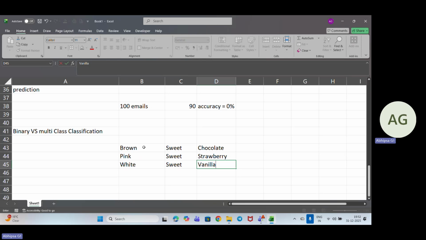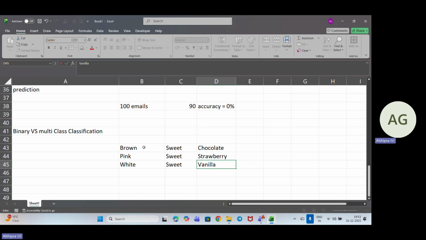There are many options, right? So more than two animal types, and that comes under multi-class classification. Now about student grades. The model checks the grade of the student. There are many options like A plus, B plus, C plus, D plus, and F, right? So many classes are there.